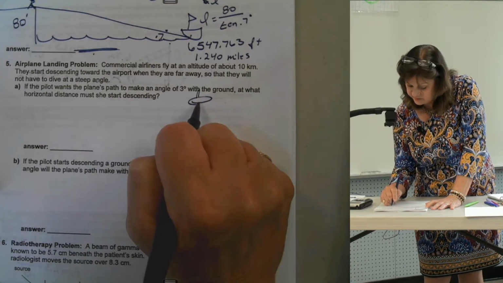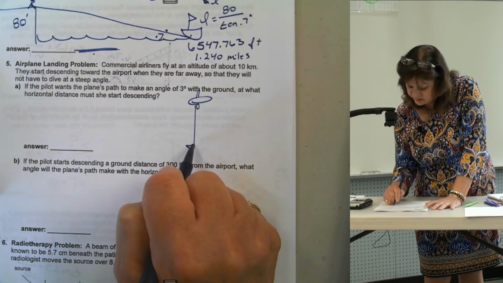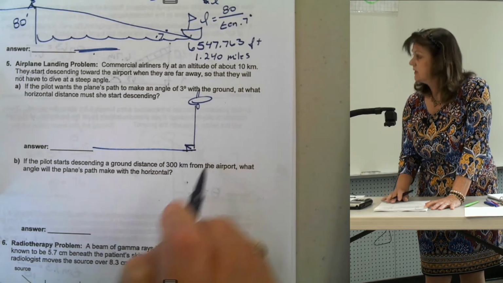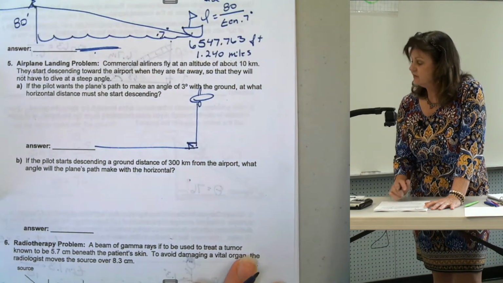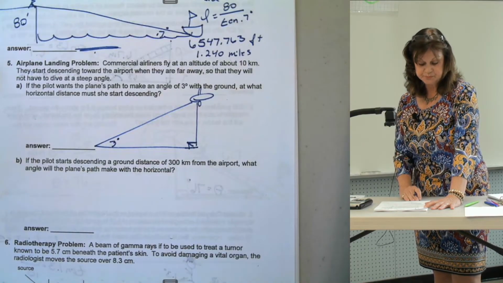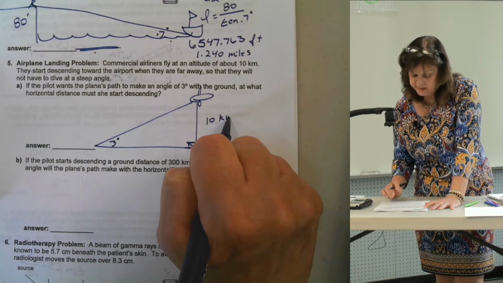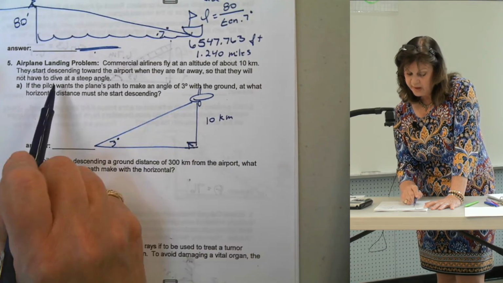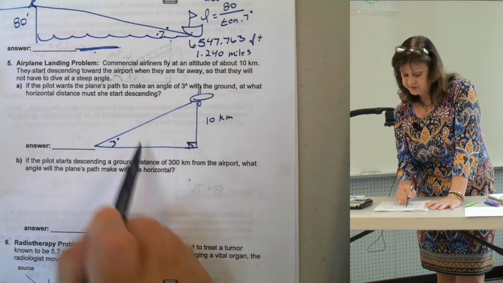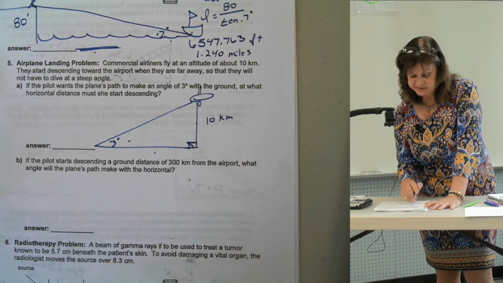So again, I've got this pilot. He's coming in for his landing, and he wants a 3-degree angle. We know that he is 10 kilometers in the air. So at what distance must she start descending? Again, I've got an opposite and adjacent.